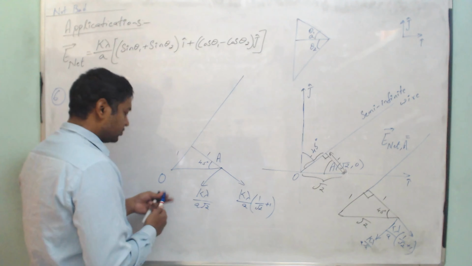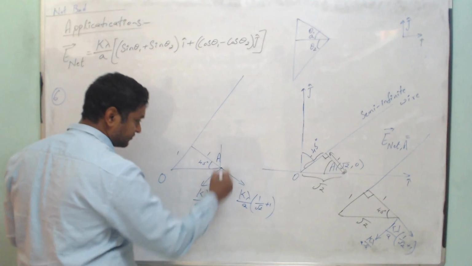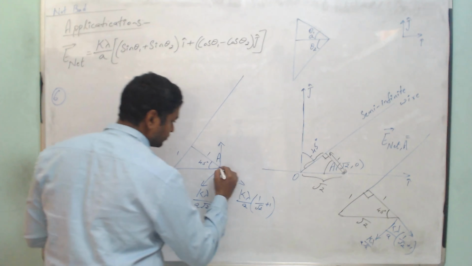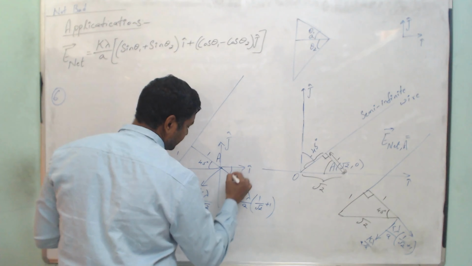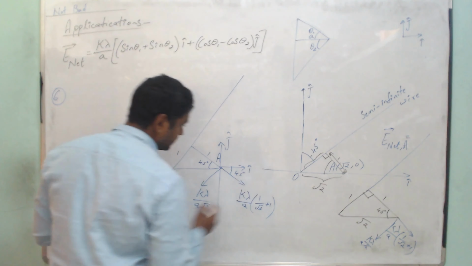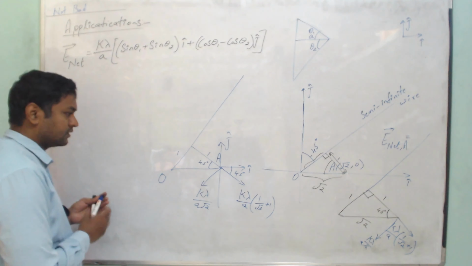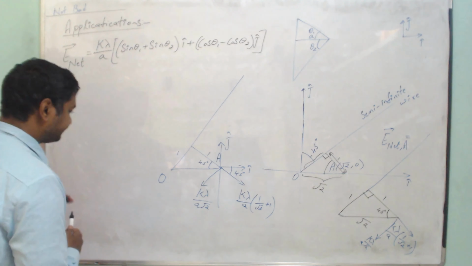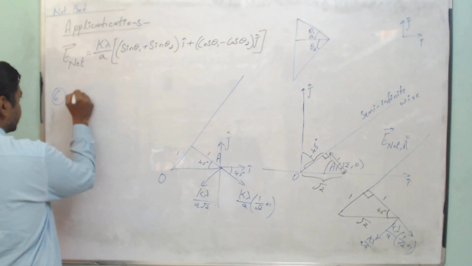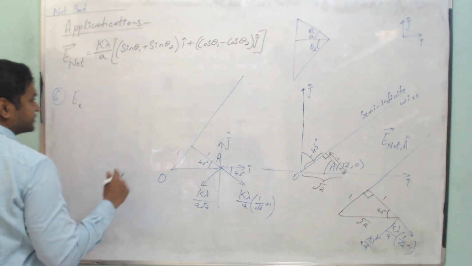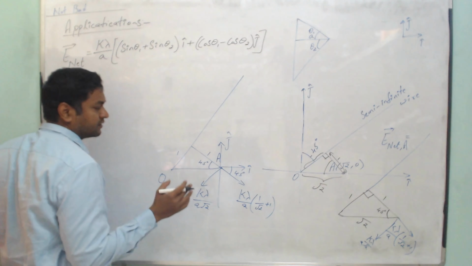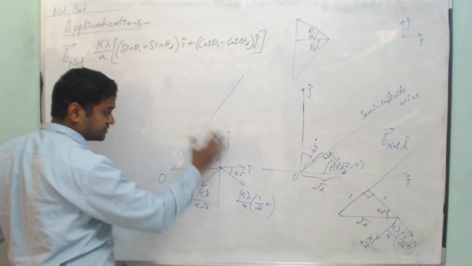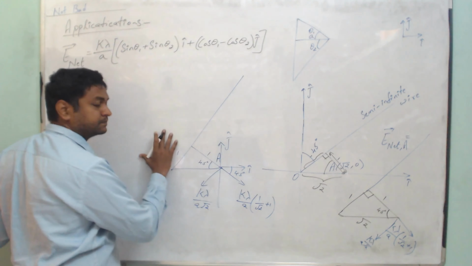Now let me finish this in terms of I cap, J cap for this question. So this is my I cap and this is J cap, and everywhere we have 45 degrees. Correct? In the exam, if that question is given, first I will draw this figure for my comfort.